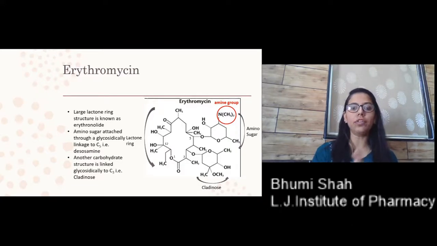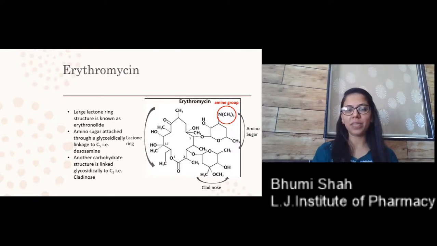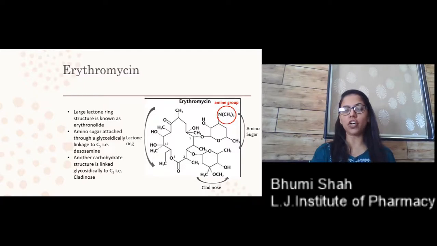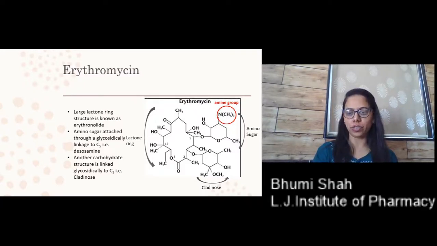In erythromycin B, instead of a hydroxyl group, we have hydrogen at the 12 position. In erythromycin C, there is a modification in the cladinose moiety, meaning we have H in place of the OCH3 group shown in the erythromycin A structure. So, three modifications.